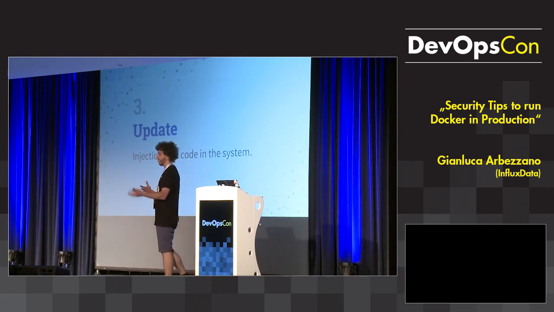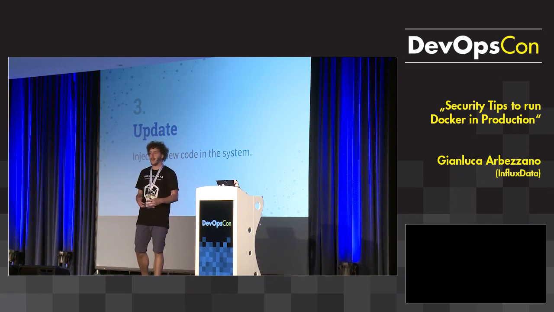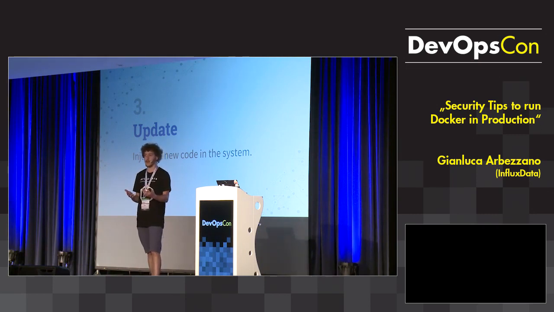Another vulnerability, another kind of security, is during the update. It's really something that you need to think about because it's a problem that you already have in your system right now. Every time that you update your code, you are changing the state of your application and the state of your environment.